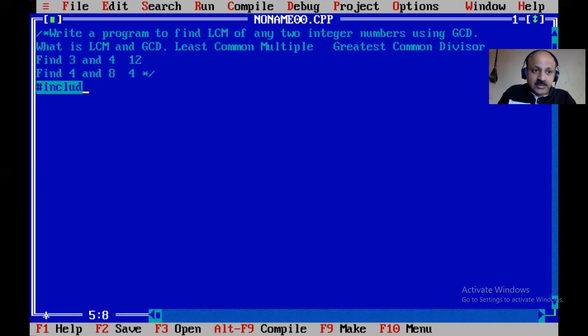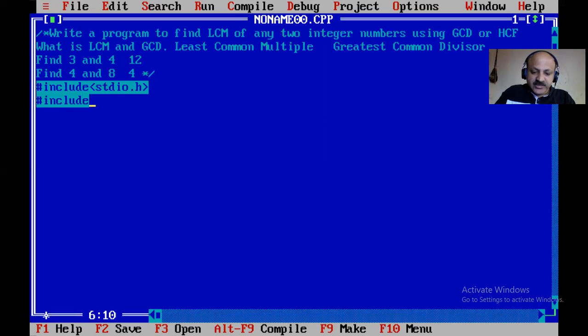Now I directly start the new logic to find the LCM based on the GCD, greatest common divisor, also known as HCF, highest common factor.